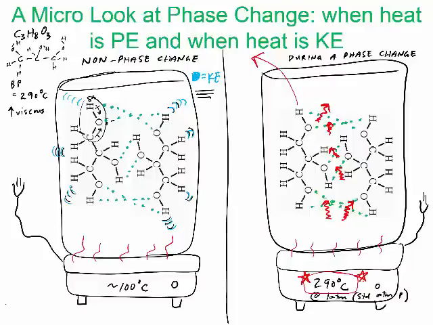So the bonded energy is associated with potential energy, so we'll make a note of that. And once all of these are broken, this is able now to leave as a gas molecule. And you won't see a change in temperature.